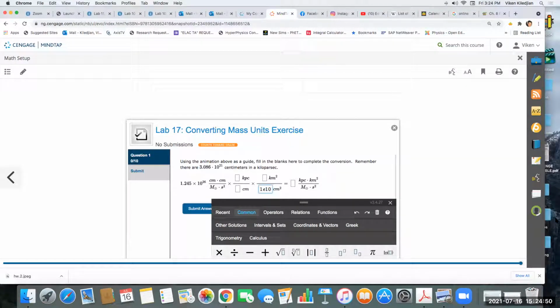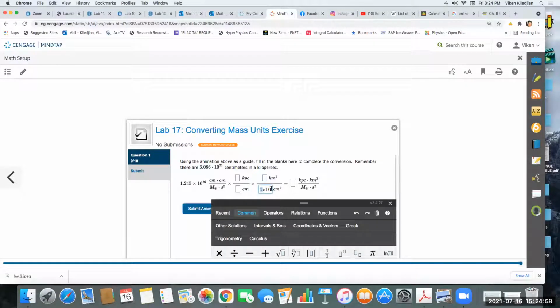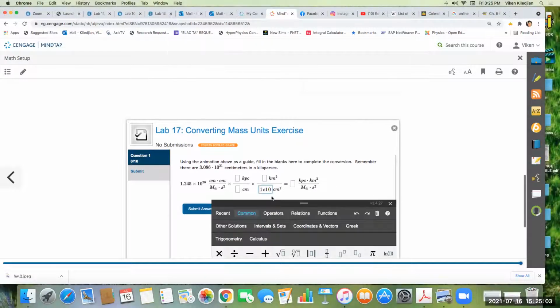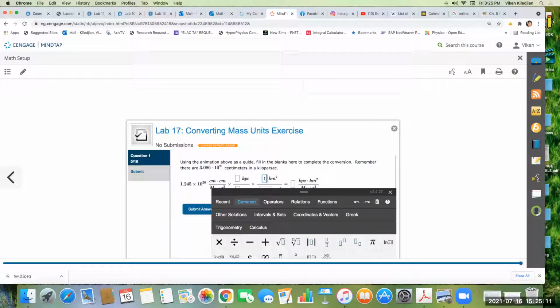Yeah, that's the way to put it. 10 to the 10th is 1 e to the 10th, because if I put 10 e to the 10th, it's going to make it e to the 11th. That's also tricky. How do you write 1 times 10 to the 10th? Well, you just write 1 e to the 10th. That should do it.